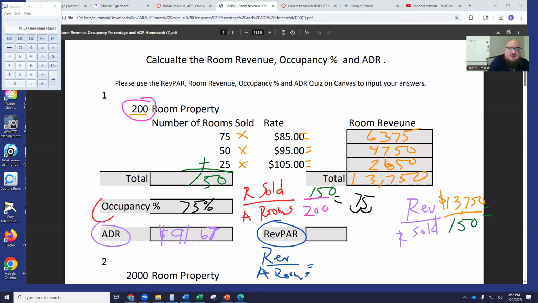Okay, so we take that same 13,750, and we're going to divide that by our rooms of 200. Okay, and when we do that, this number should be smaller than our ADR. The only times ADR and RevPAR are the same is when you have 100% occupancy. So $68.75.